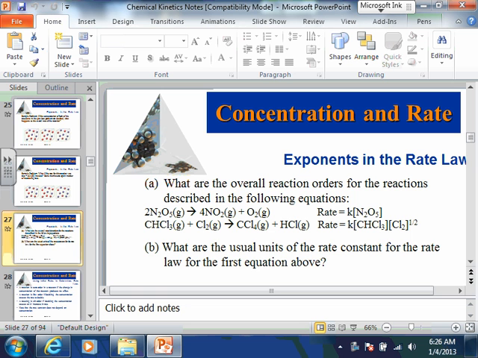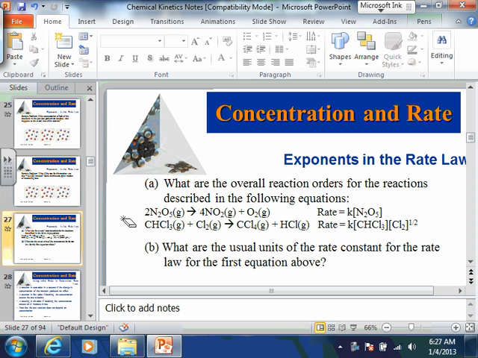It's very tempting to look at an equation like this and say, okay, the stoichiometry here tells me that this should be second order with respect to the N2O5. When you're trying to figure out the order of the reaction, you can't do it that way. You have to actually look at a set of data to figure that out.